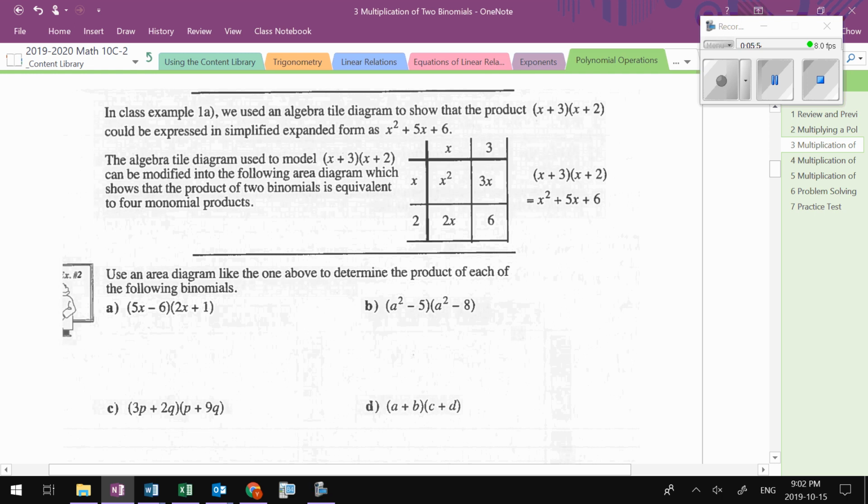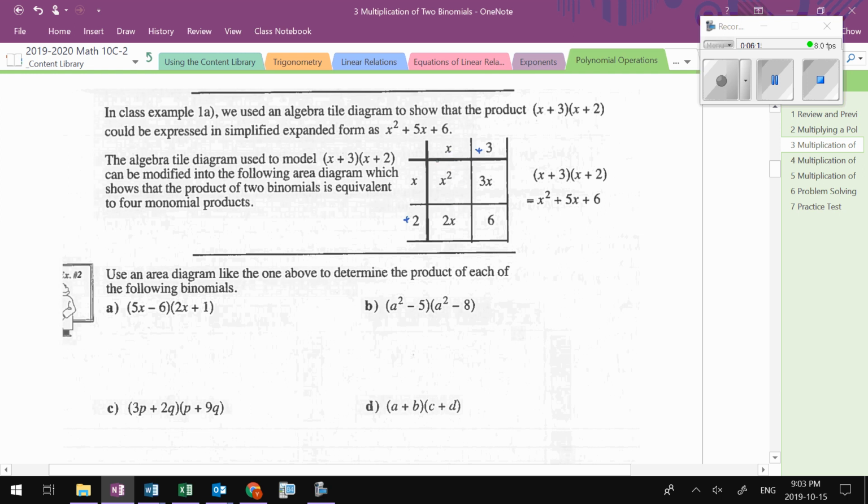So just to simplify a little bit, rather than drawing out all of those tiles, we can also just do what some people call a box method. So we've got x plus 2 across the side here, and then x plus 3 across the side, and then it almost becomes like a battleship sort of thing.